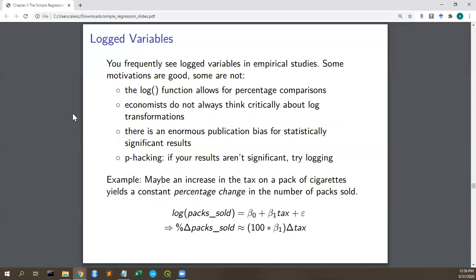So logged variables. This is really common in economics, where we log variables because the interpretation is really nice. The interpretation allows for percentage comparisons.